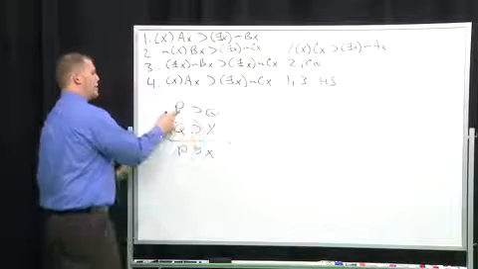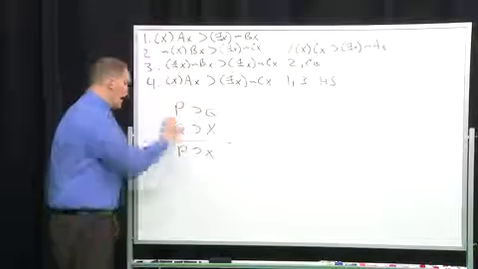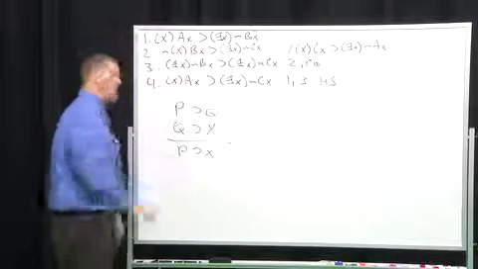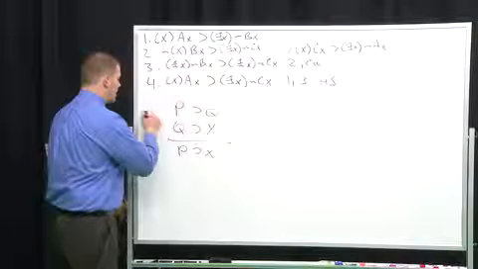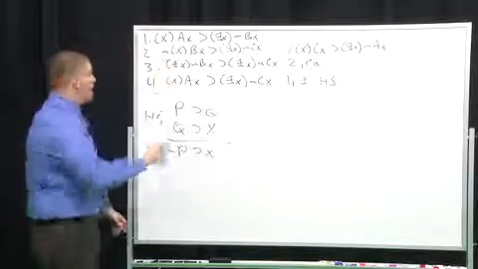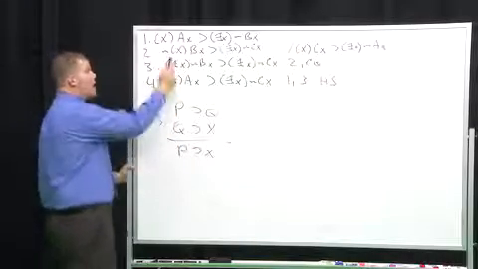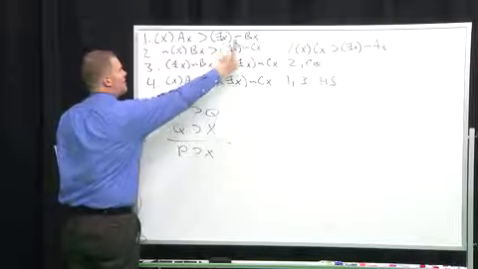And the reason for this is that every single time I have a P, I'm going to have a Q. And every single time I have a Q, I'm going to have an X. Which of course then means every single time I have a P, I'm going to have an X. All right? So this is our hypothetical syllogism rule. Notice I do the same thing right here. Line 1 says every time that I have for all x, x is A, then I'm going to have that there exists an x that's not B.